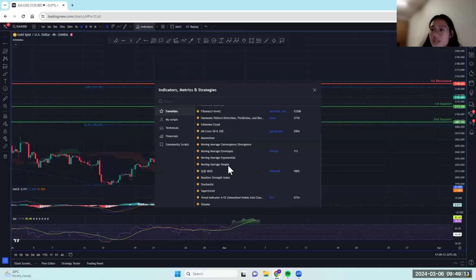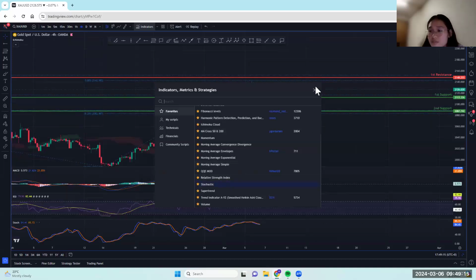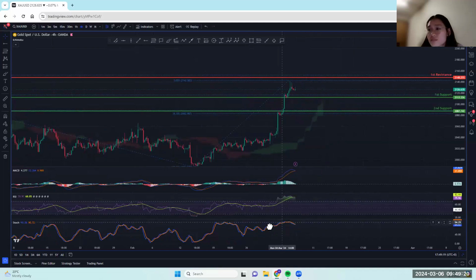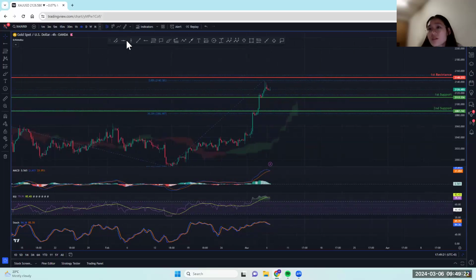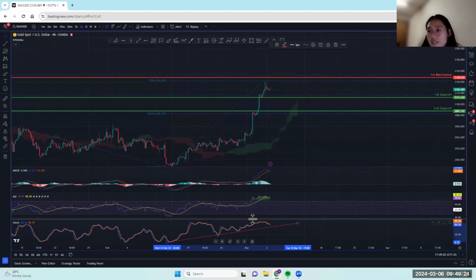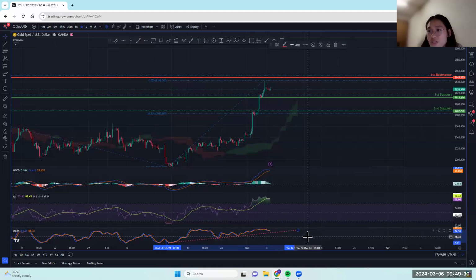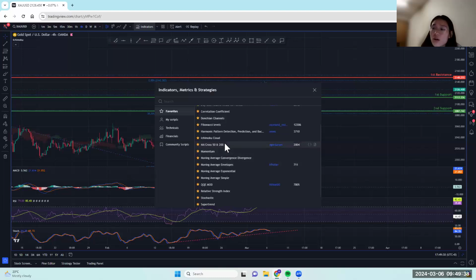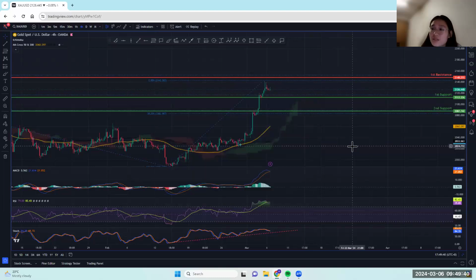Let's look at stochastic. Okay, stochastic is moving in an ascending trend line, which could suggest that it's going to move higher as well. Okay, let's look at one more indicator.